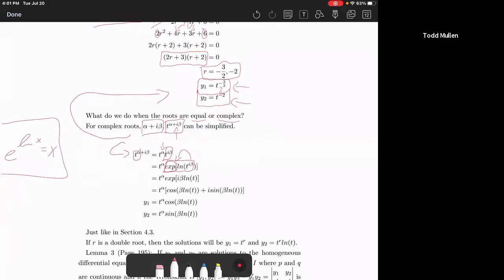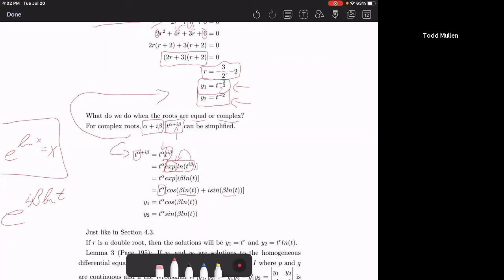And now, based on what we did in section 4.3 with these complex numbers, we can see that the t to the alpha is unchanged, but e to the power of i beta ln t is equal to cos of beta ln t plus i sine of beta ln t.